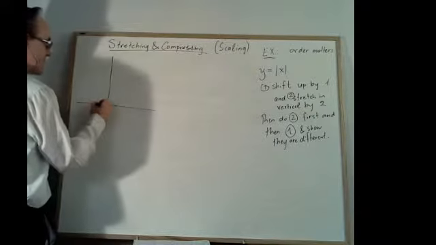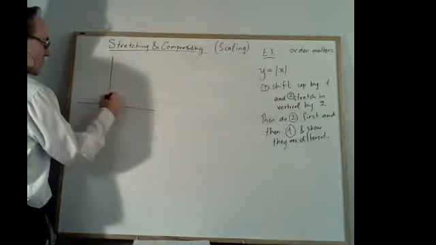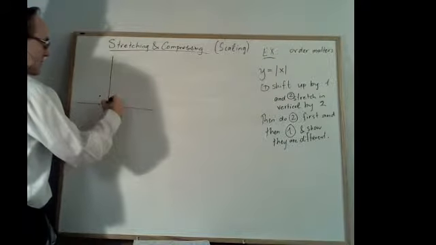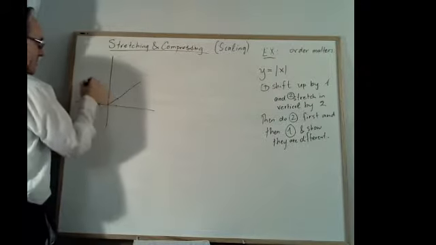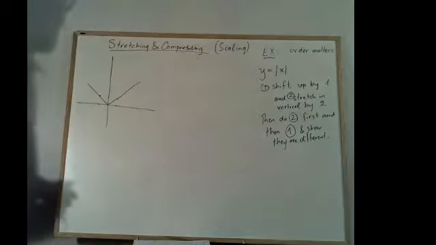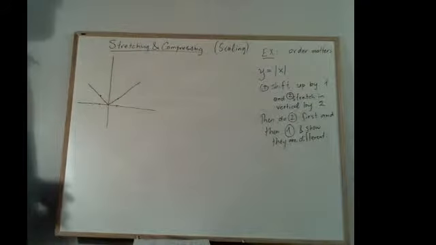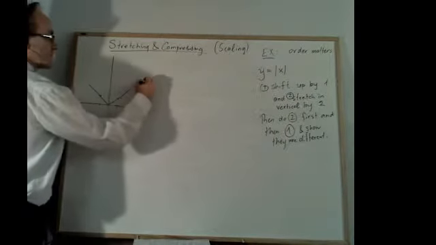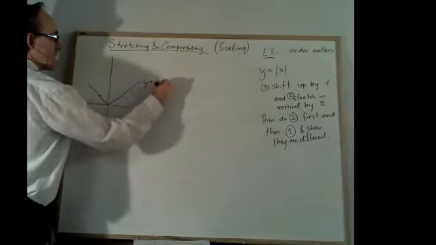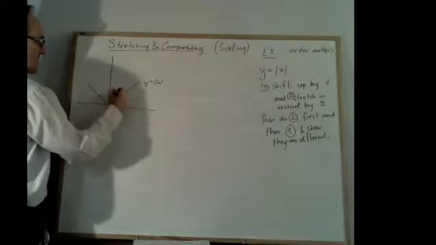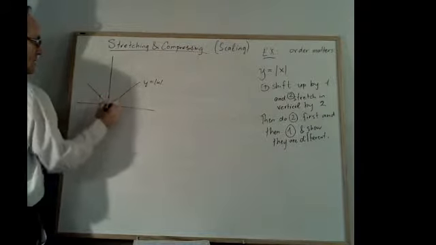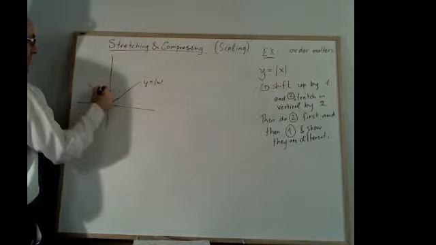The original function, we start with the absolute value function. Okay, so we have this shape. Now we shift it up by 1. All the values get shifted up like this. So 0 goes to 1, 1 goes to 2, 2 goes to 3, and so on.